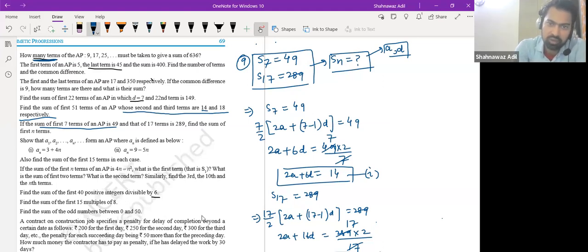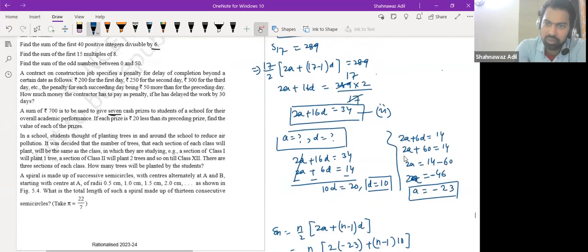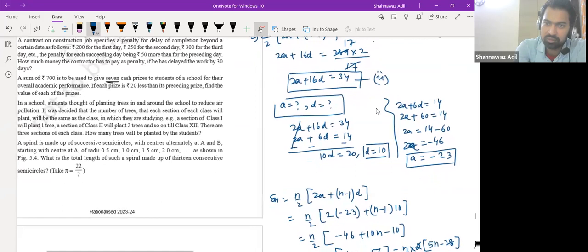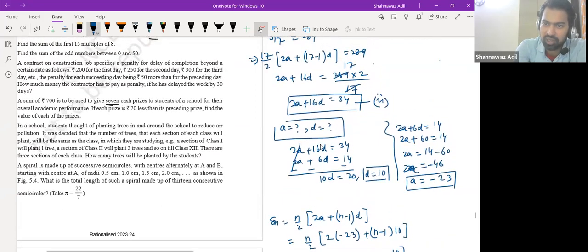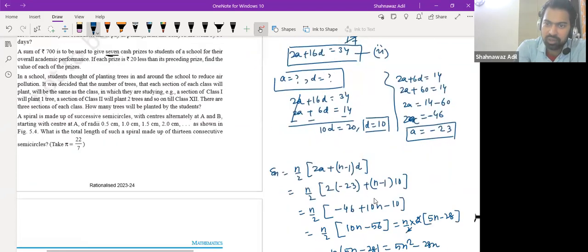Finished. Then please note down. This part you have calculated, right? Please note down.